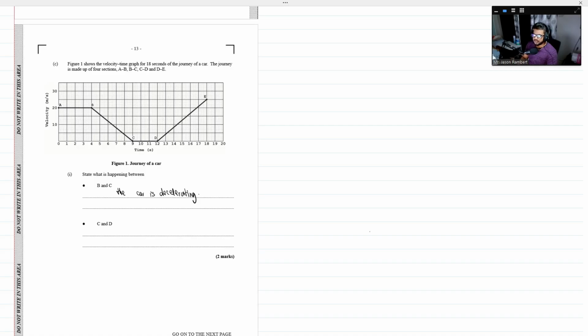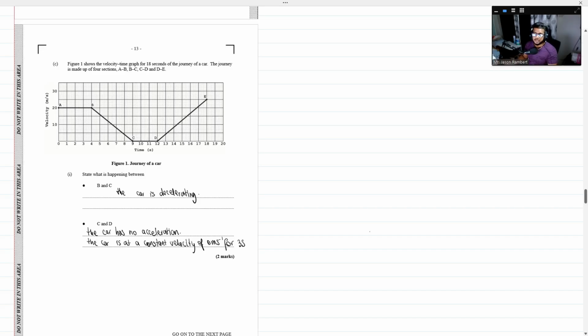Between C and D, plenty things happen in here. The car has no acceleration because it's a horizontal line, and also the car is at a constant velocity of 0 meters per second for 1, 2, 3, for 3 seconds.